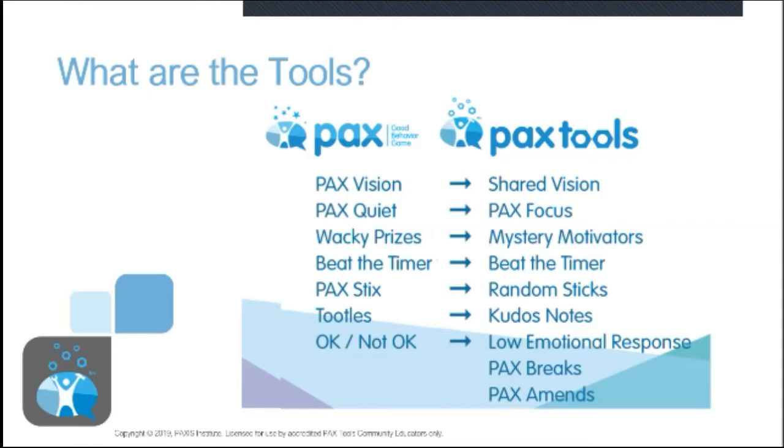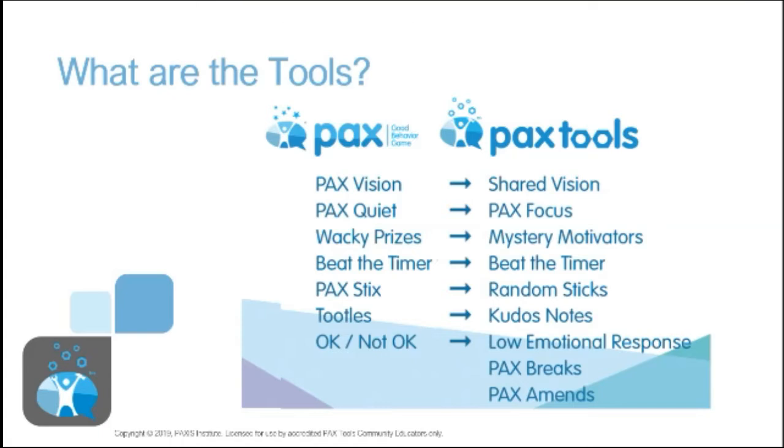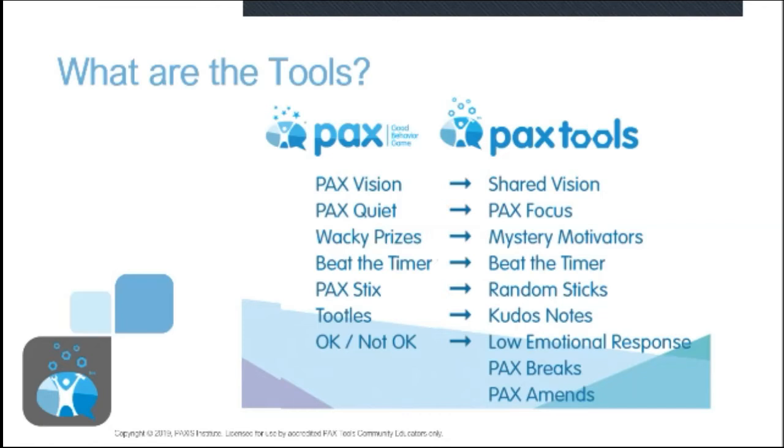Random sticks is a way to create fairness amongst children. They can be used in a group setting to call on people, like to answer questions and that type of thing. And in a home setting, just to make sure that everybody feels like mom and dad choose fairly, like who gets to sit in the front seat, right?